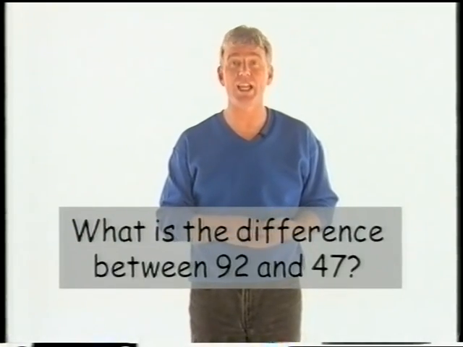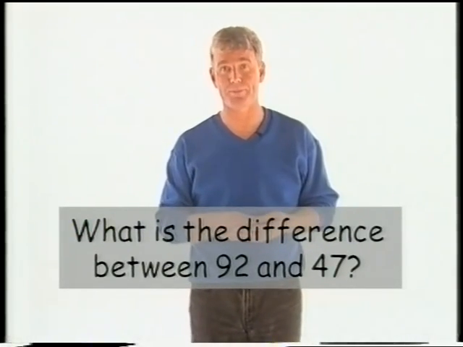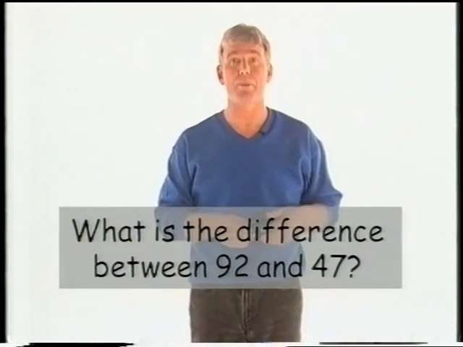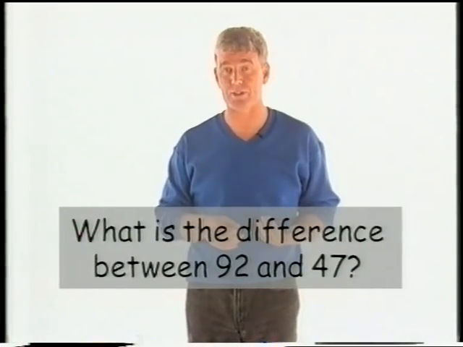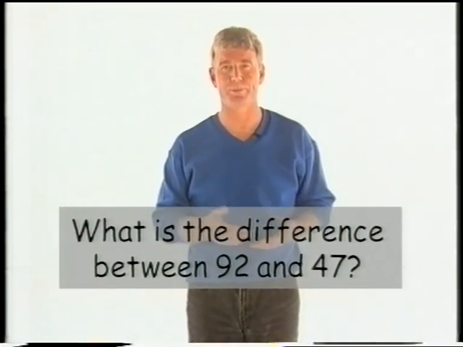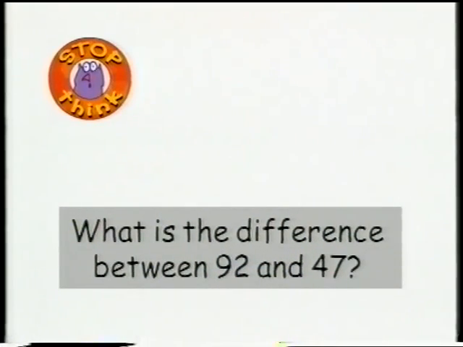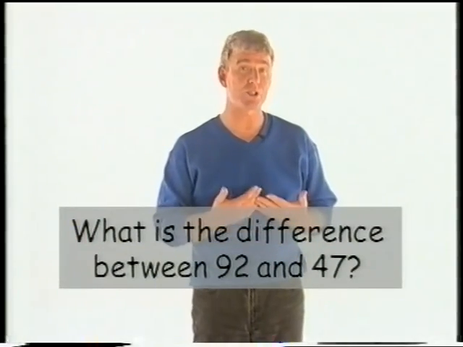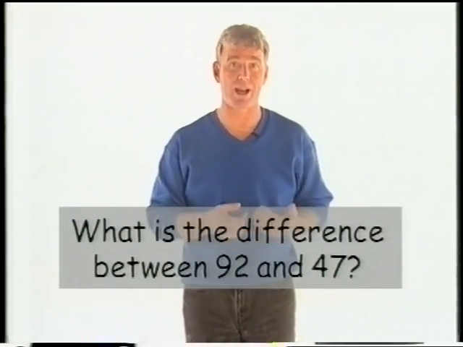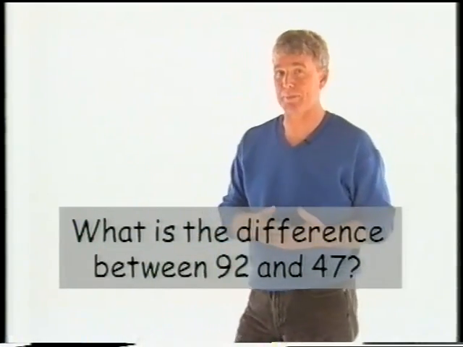Back to our question. What is the difference between 92 and 47? You can do this one in your head by counting on from 47 to 92. Stop and think about it. The difference between means subtract. So this is a subtraction sum.